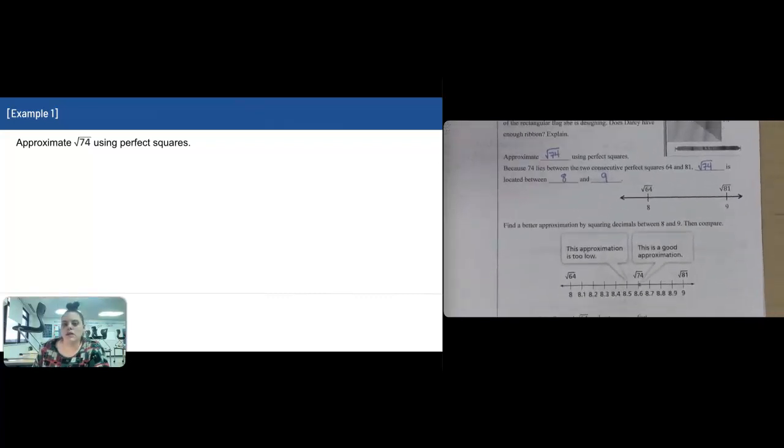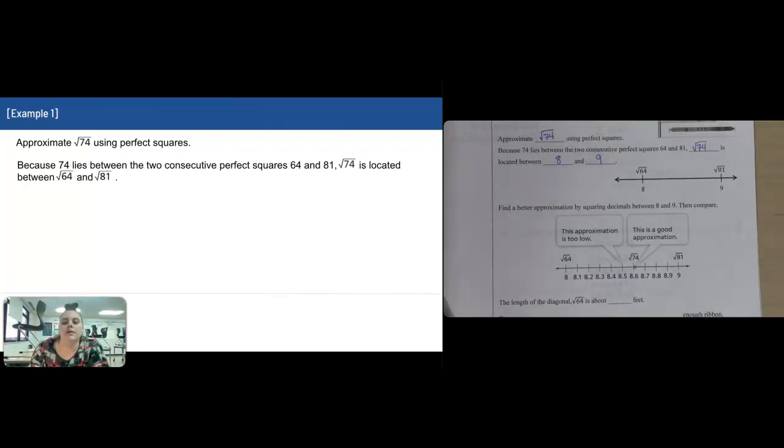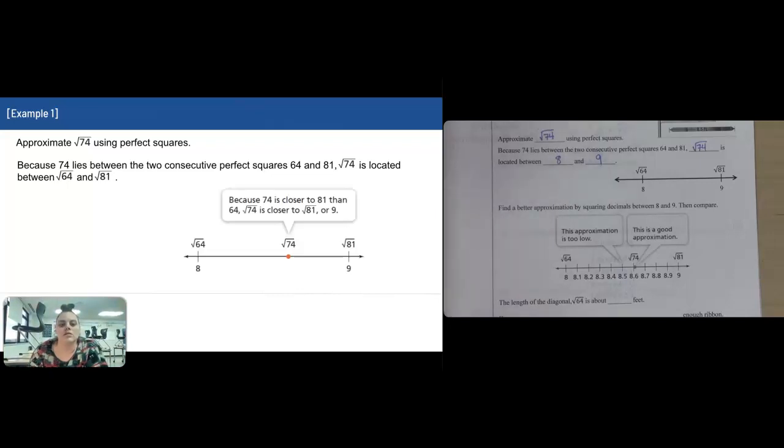So we know between which two numbers this is going to be. But we want to find a better approximation by using decimals. So, because 74 is closer to 81 than it is to 64, the square root of 74 is closer to the square root of 81, or 9.